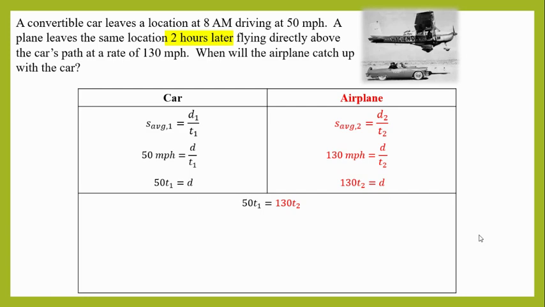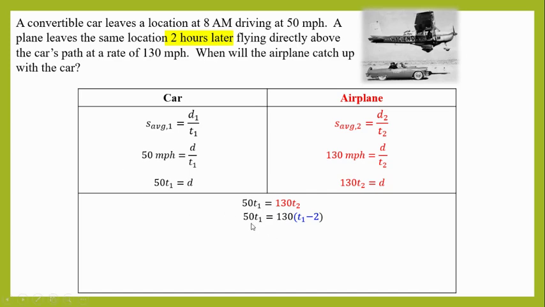So in my work, I will get rid of T2 because I don't know what T2 is. I just know that it left 2 hours after the car, which is denoted as T1. So instead of T2, I substituted T1 minus 2. Again, the minus 2 is because it left 2 hours later, so it's in motion for less time.